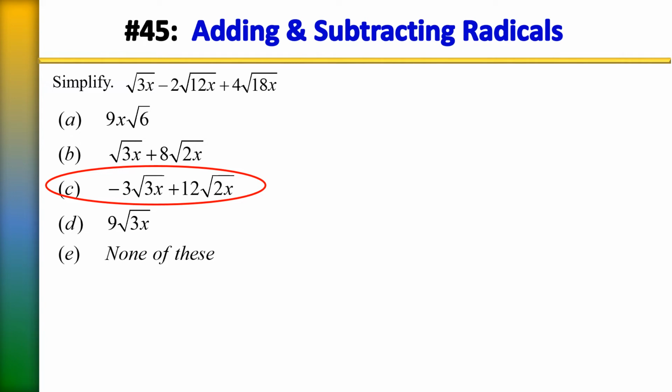So step one, the first thing we're going to need to do is to simplify and extract any perfect roots that are inside. So I know with this second term here, there's a perfect 4 inside. For this last term here, there's a perfect 9 inside. So I need to first extract those perfects from those terms.